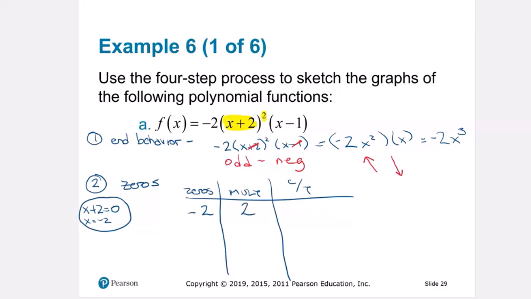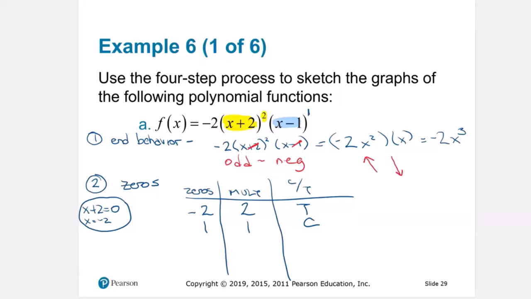And since our exponent is 2, it's going to behave like a parabola. It can't cross the x-axis. It can only touch. We have one more zero at x minus 1, or x equals positive 1. It's got a multiplicity of 1, and that means it can cross the x-axis.